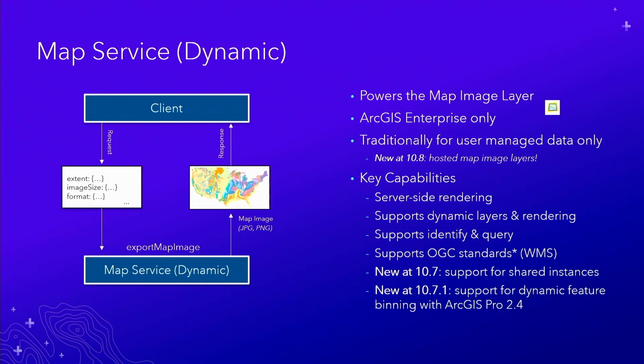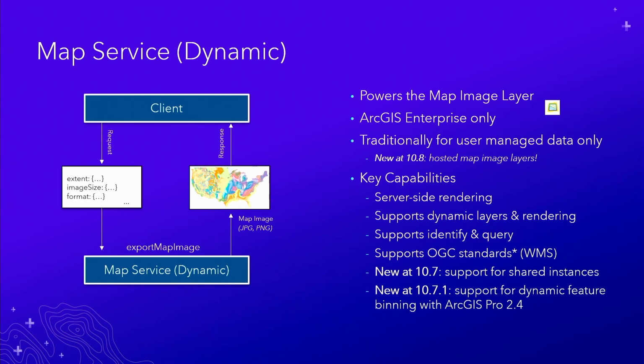The map service has been around for the longest, and we'll see there have been a lot of improvements in the area of feature services and vector tile services, but we continue to make improvements in the map service itself because it's such a staple for how a lot of you use ArcGIS Enterprise.